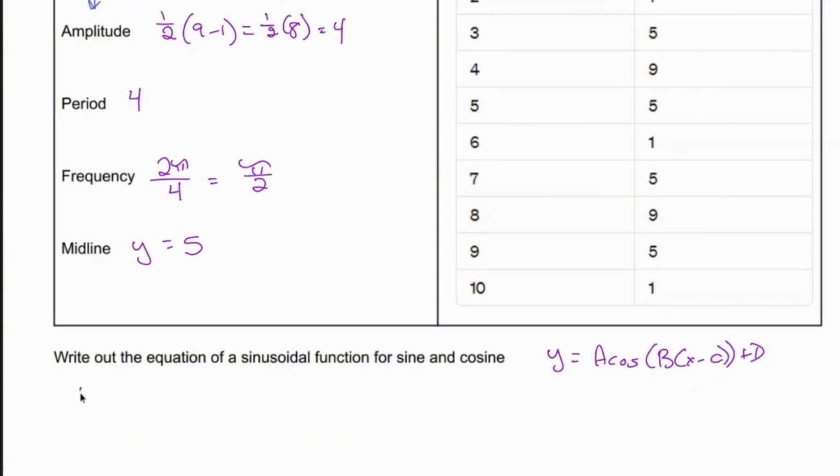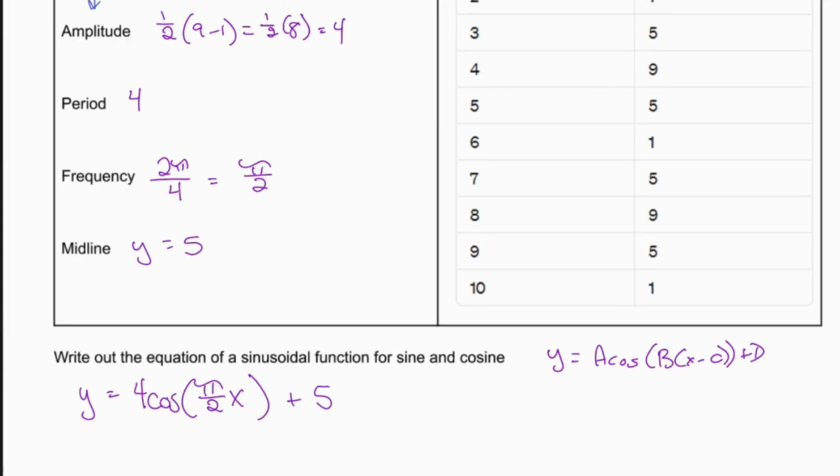A is my amplitude, and that happens to be 4 cosine. B is the frequency, which we said would be pi over 2. Now this would be x minus 0 because there's no shift left or right. So we'll just put x there. Then we'll close it. Midline is 5, plus 5.